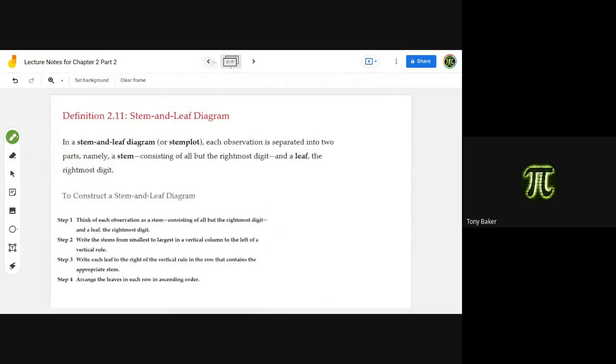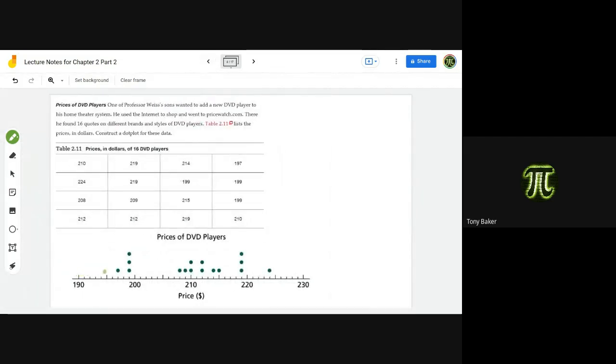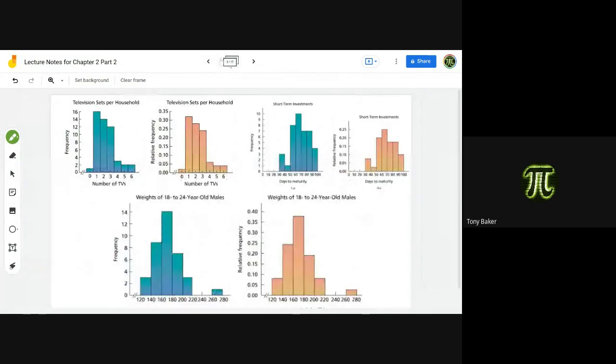So if we look at our dot plot here, you're going to have an actual curve forming. The more data you get, the more distinct those curves are going to start to be. Same thing with the histograms. You have those curves forming. So if you start to look back here at the histogram, it goes up and then it kind of tails down. This one kind of goes up and comes down about the same. So you can start to see those curves forming with the data.